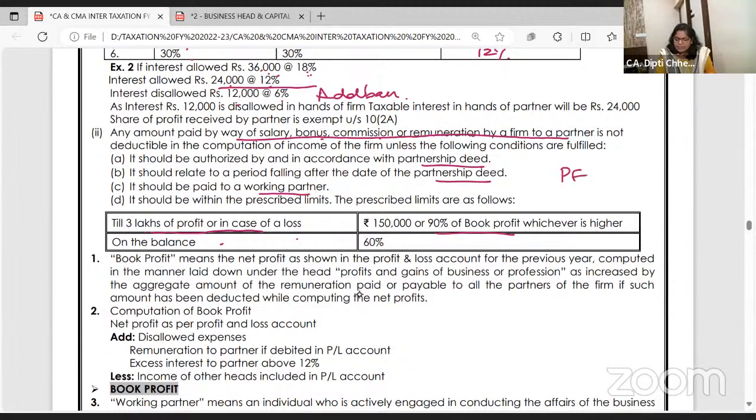See, in a partnership firm there is a loss of 30,000. Can I say, you are a working partner, I know you worked really hard, but sorry, I can't pay you salary because there is a loss? Loss is coming, so increase the loss, but at least in the year of loss also you have to pay 1,50,000 salary.